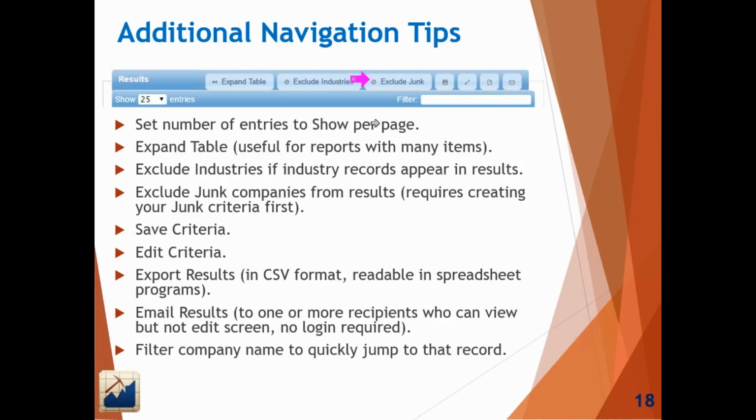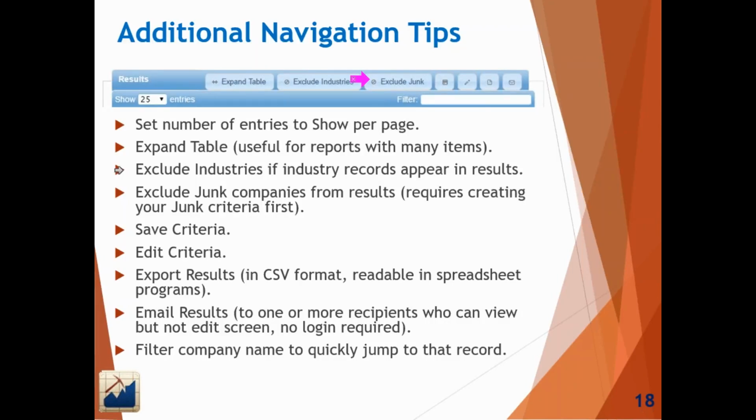But this could be penny stocks. They could be stocks in a particular industry. You can define your own junk criteria, and we'll take a look at that as well. That's just a way of getting rid of companies that you know you're never going to look at, a stock that has a very low stock price, or maybe a stock that's on a Canadian exchange, because we do cover all North American companies. So that junk button allows you to get rid of those from your results.